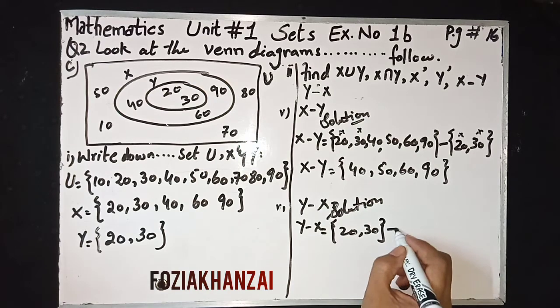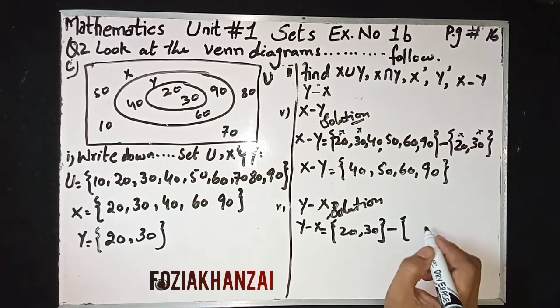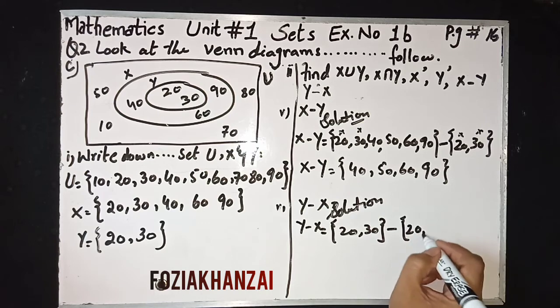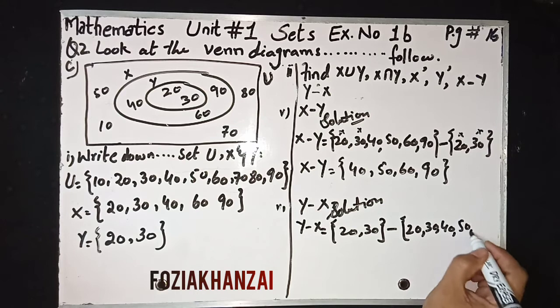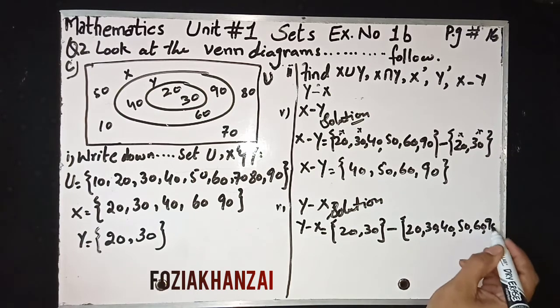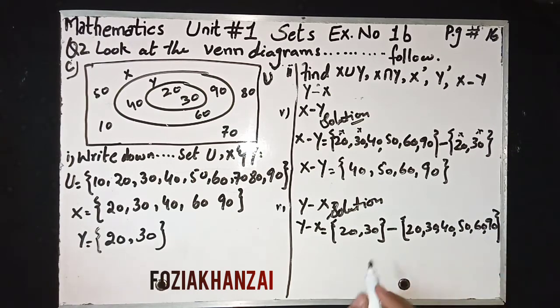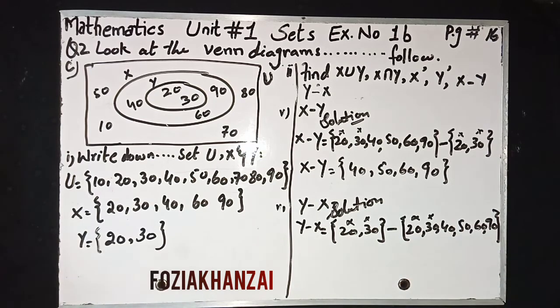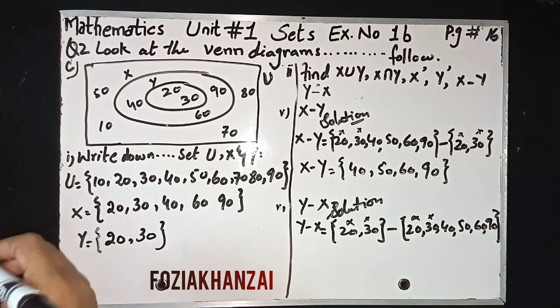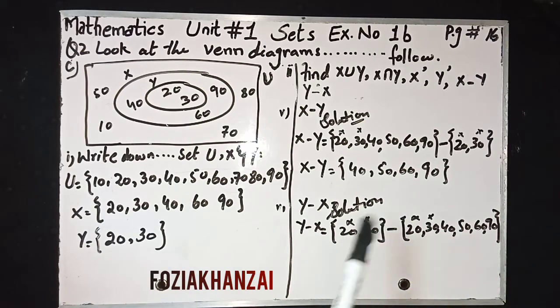Bracket close, subtract sign, then copy the elements of set X: 20, 30, 40, 50, 60 and 90. Bracket close, cut the same elements. Only 20 and 30, two elements, are common. Now after cutting the same elements, remaining elements of set Y.